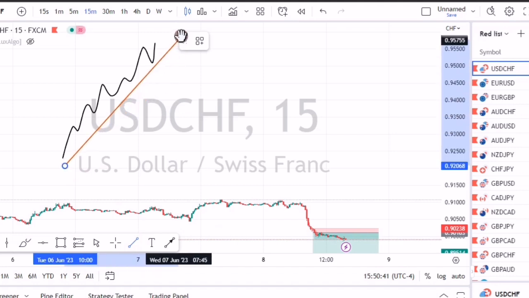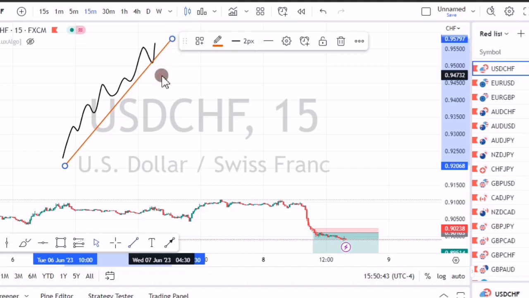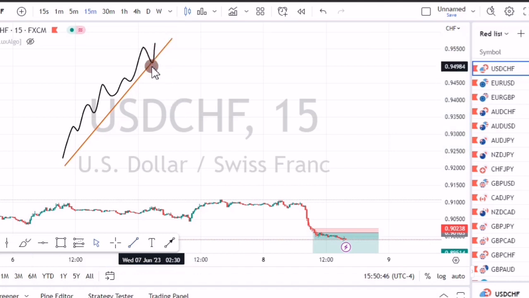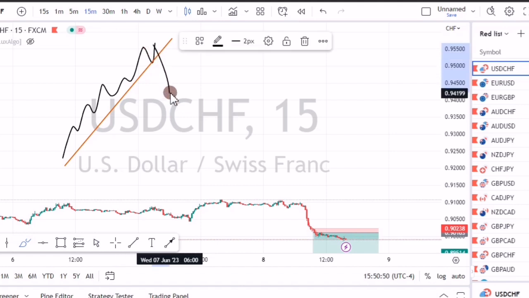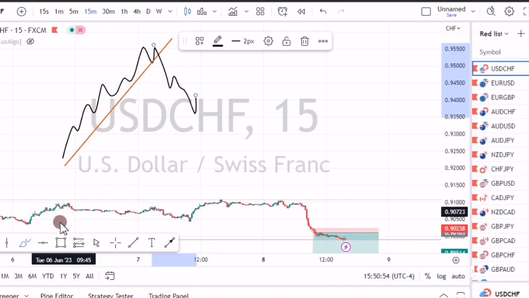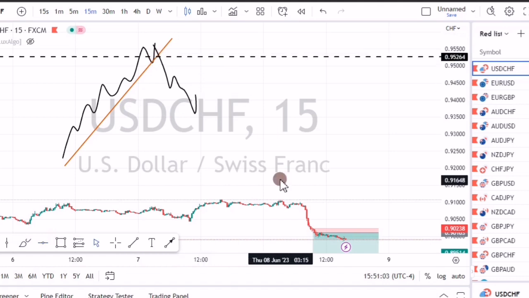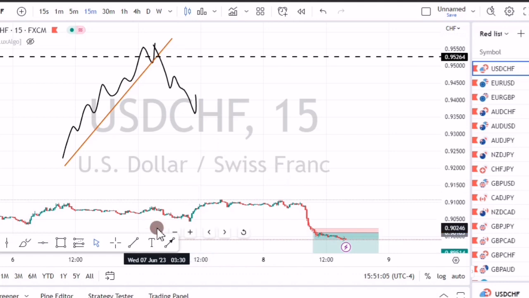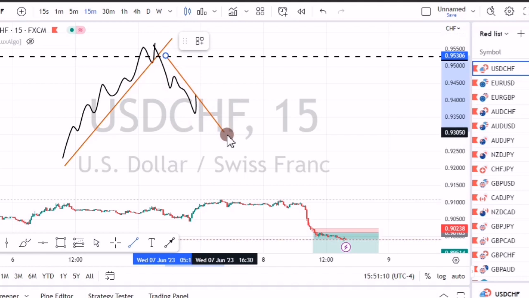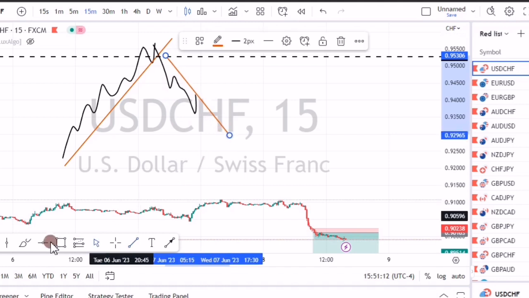Okay, this is an upward channel. Whenever you see price breaking out of that channel like this, you have to identify that place where price broke out. Okay, for example, for this, price broke out there. Okay, that is where price broke out, and now it is on a downward channel like this.